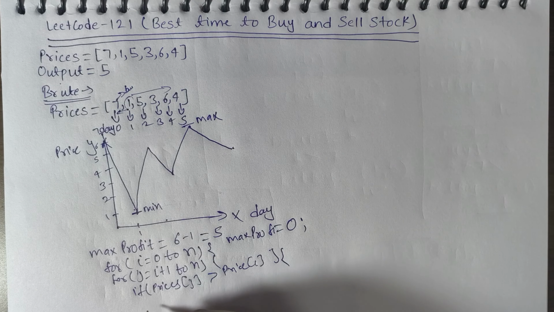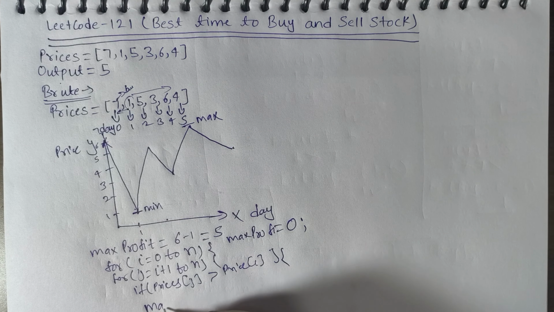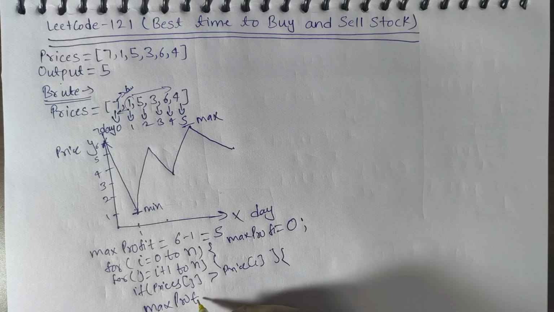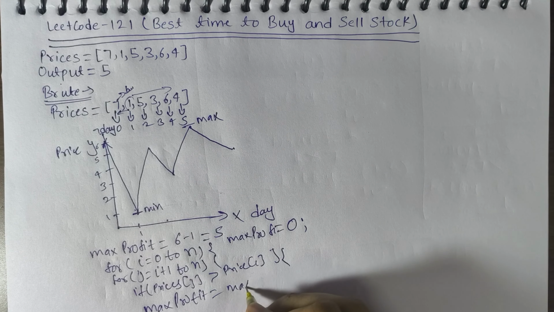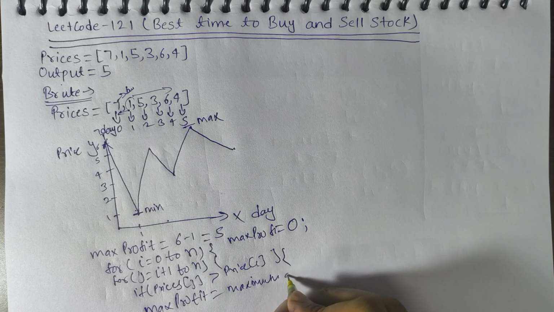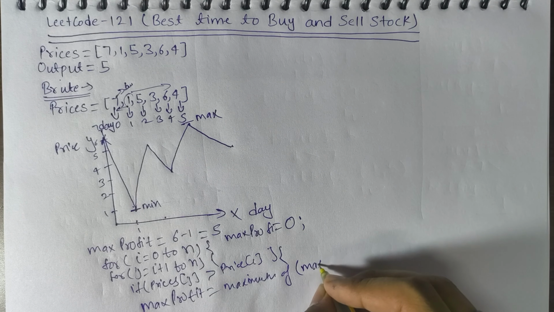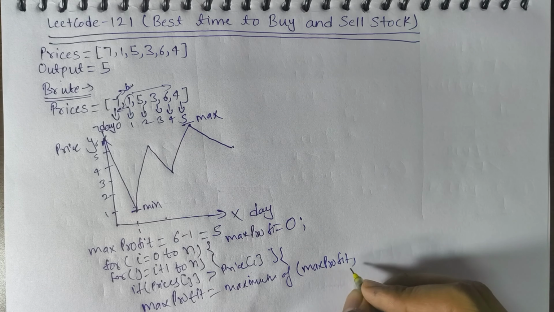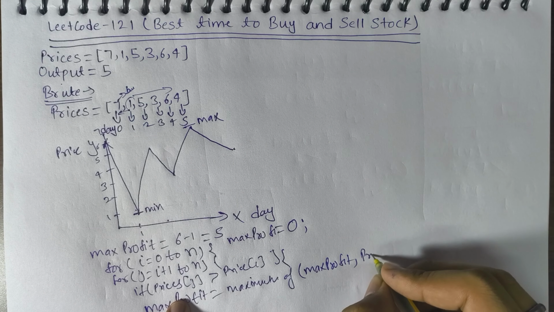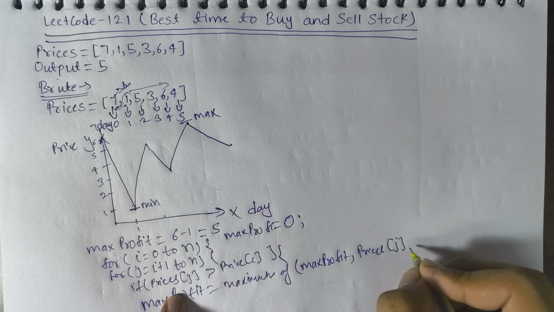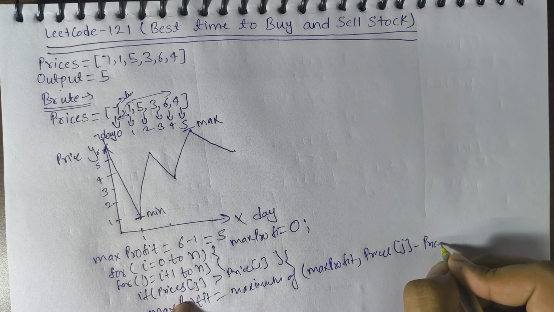So what we can do here is update max profit: maximum of max profit and price j minus price i.